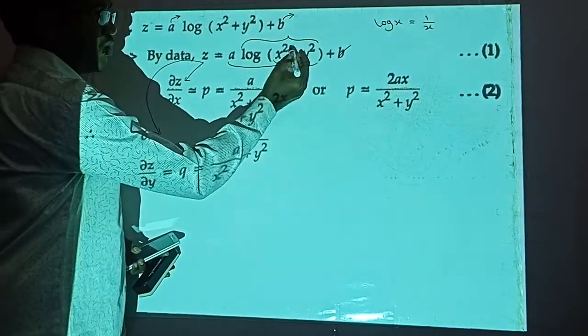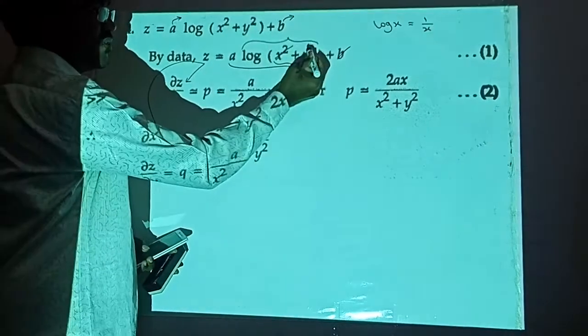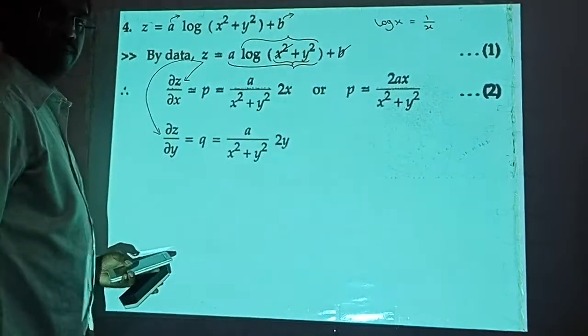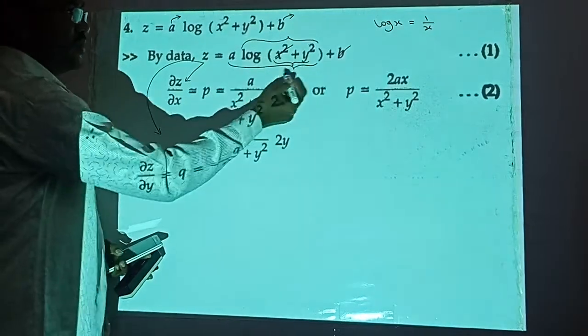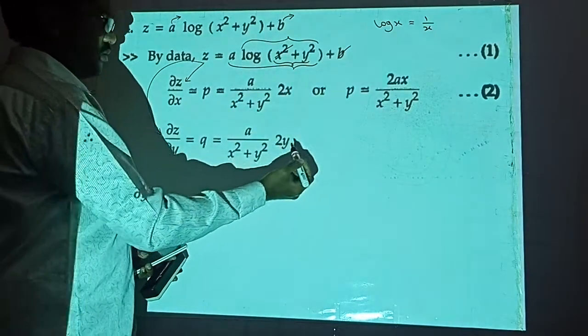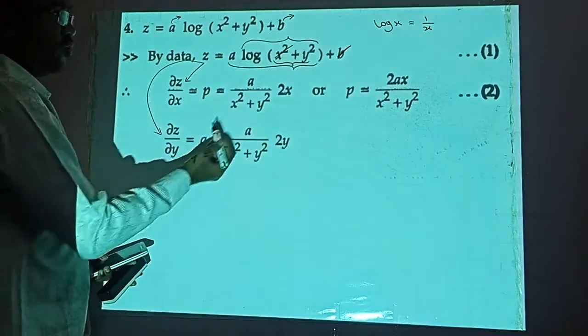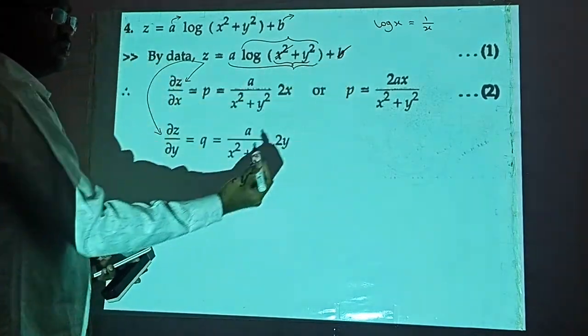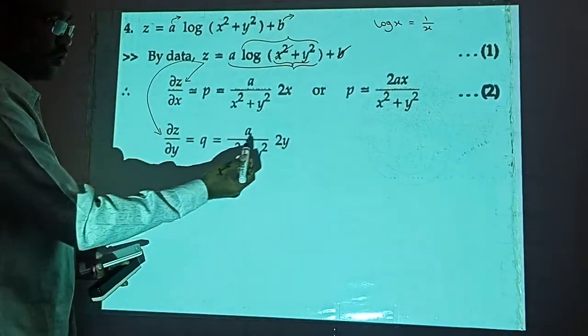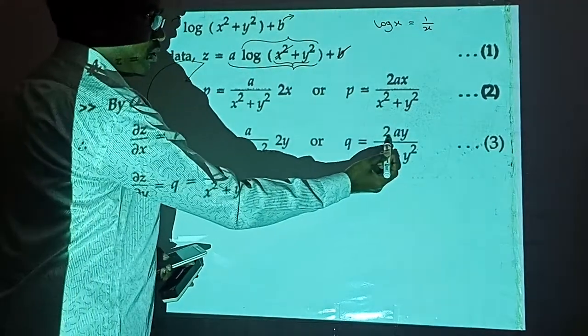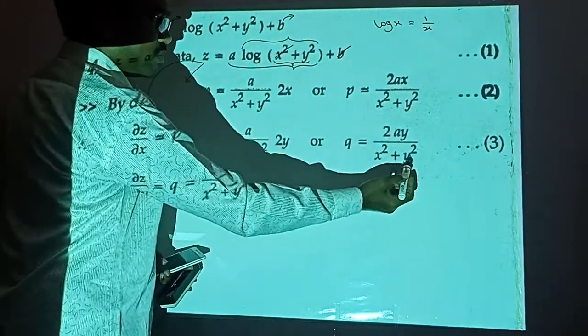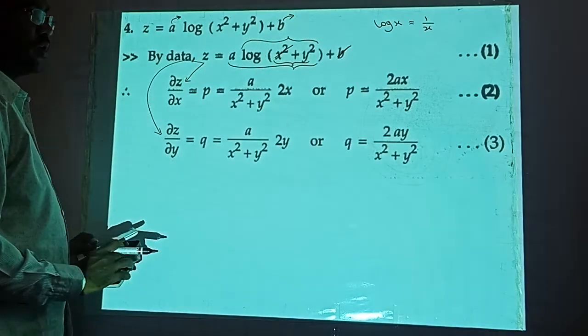Differentiation of x square goes to 0, differentiation of y square is 2y. So this completes the differentiation by using chain rule. And what is the differentiation of b again? It is again 0. With respect to y, if you differentiate any constant, that goes to 0. So therefore q is equal to 2ay divided by x square plus y square. So this is our equation number 3.